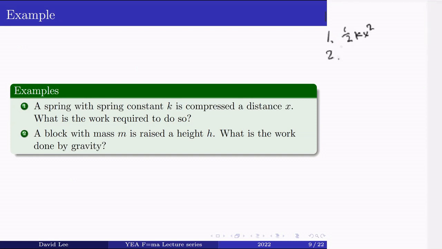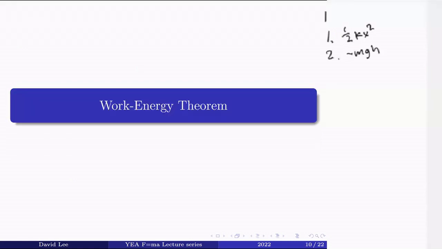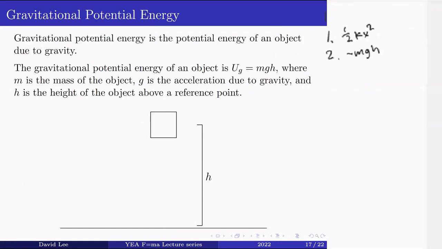And number 2, the work done by gravity is negative mgh. Okay, so now let's go back. And we can see that in that problem, we've derived our formula for gravitational potential energy.